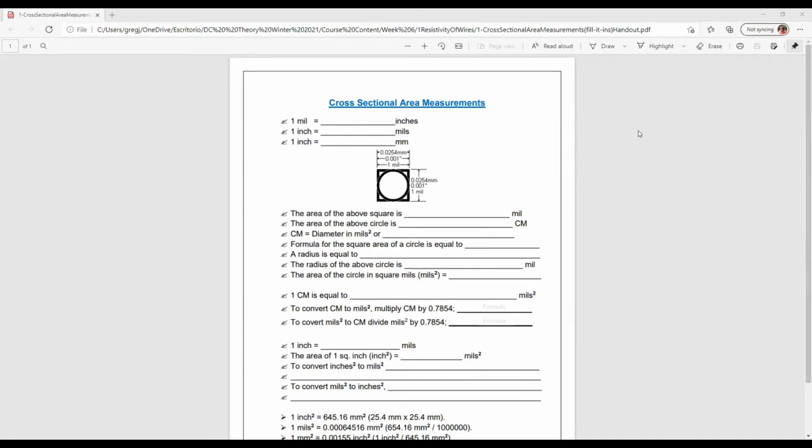Because the molecules are moving faster, it makes it more difficult for the electrons to flow freely through the conductor. Right, more energy required to knock them out of their orbit. Perfect. Okay, thanks.